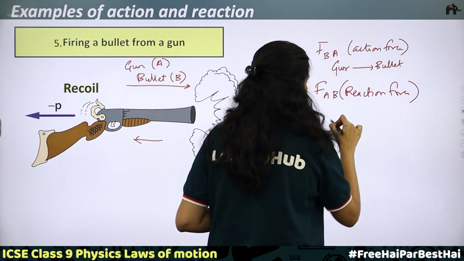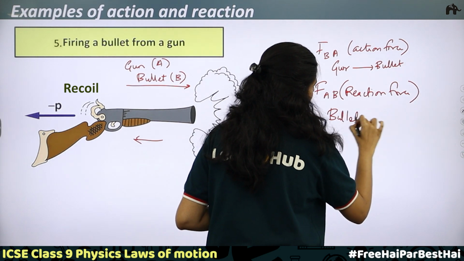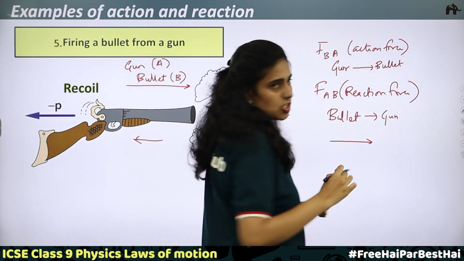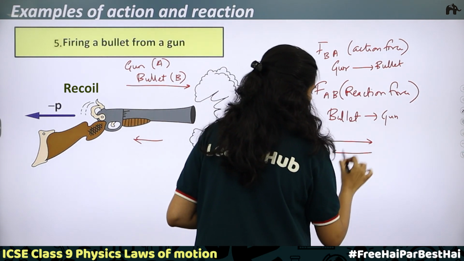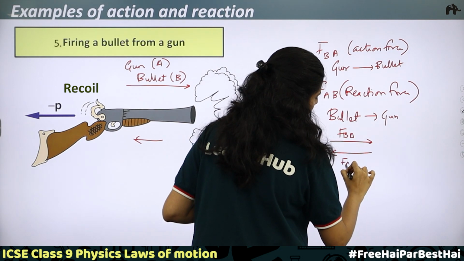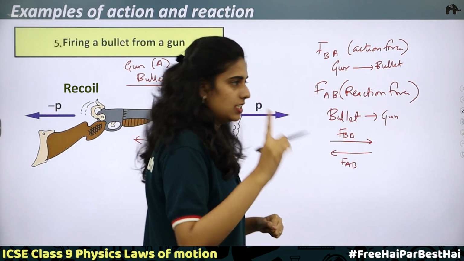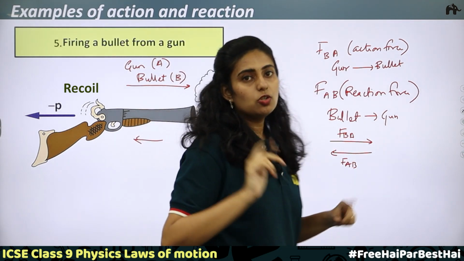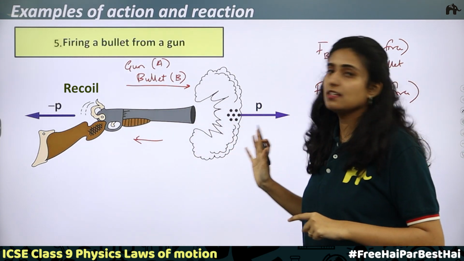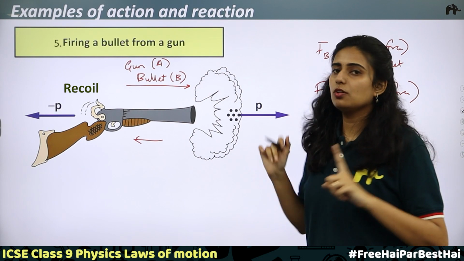That is the bullet applying force on the gun. Action is in this direction and reaction is in the opposite direction. Action force FBA, reaction force FAB, they are of equal magnitude but in opposite direction and they are acting on two different bodies. The bodies will be moving in two opposite directions.